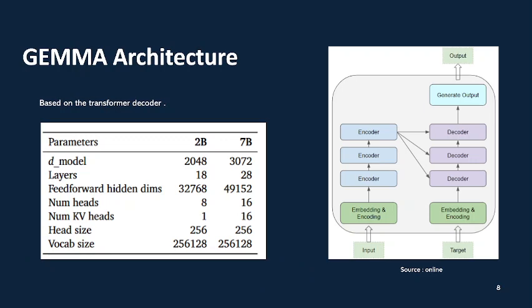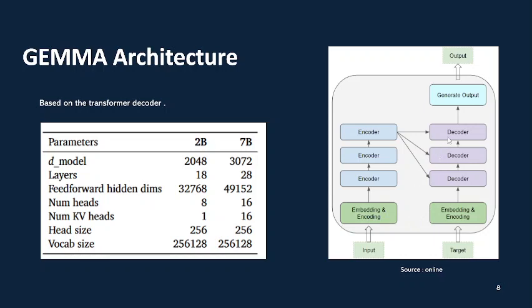Before moving on, we want to show the Gemma architecture. If we follow this picture here, we can see the encoder and decoder. This is from the transformer architecture.